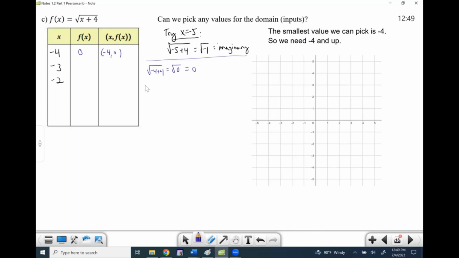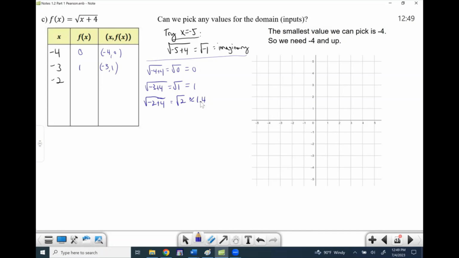All right, and then we're going to substitute in negative 3, which is a good number because it gives us 1. And 1 times 1 is 1. Now, I don't think negative 2 is a good number. Let's see why it's not. Negative 2 plus 4 gives me something that is not perfectly square rootable. That gives me a decimal. We'll graph it and everything just so you can see that.